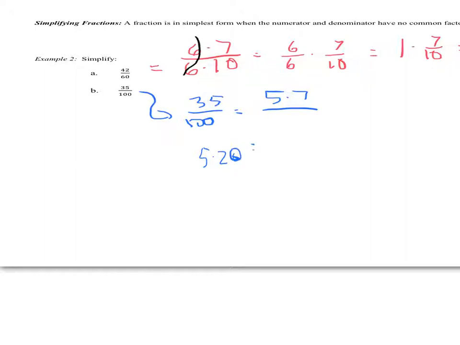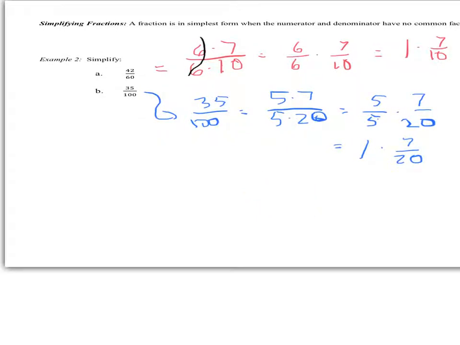Then we can break that 5 over 5 off and write this as 5/5 times 7/20, or 7 over 20. Now we know that 5 divided by 5 is just 1, so we can write this as 1 times 7 over 20, which is in fact just 7 over 20.